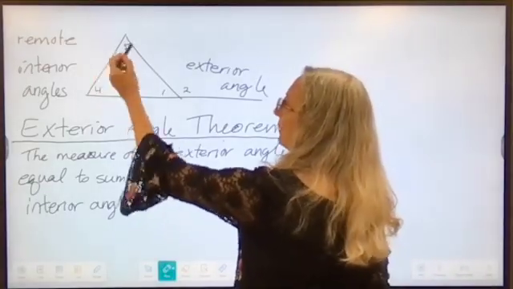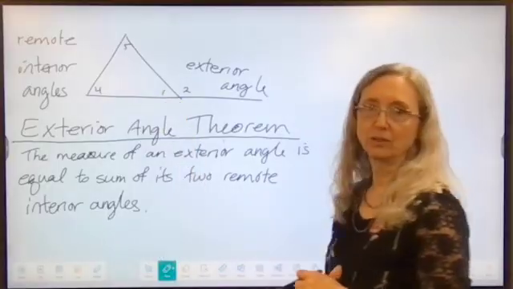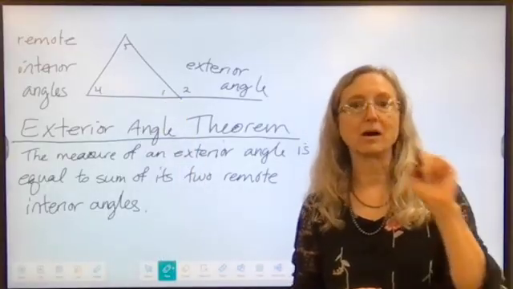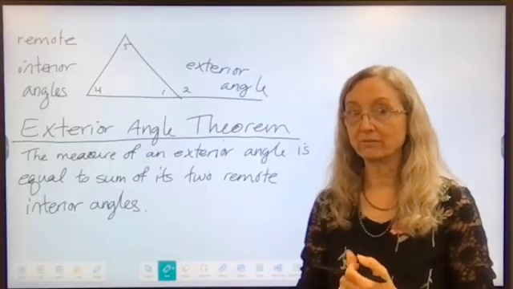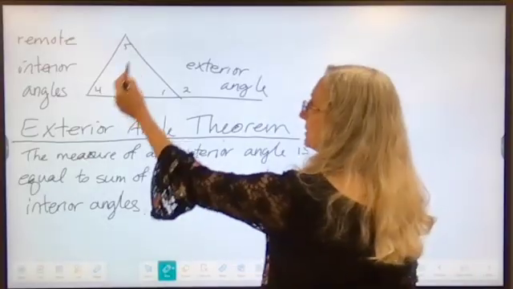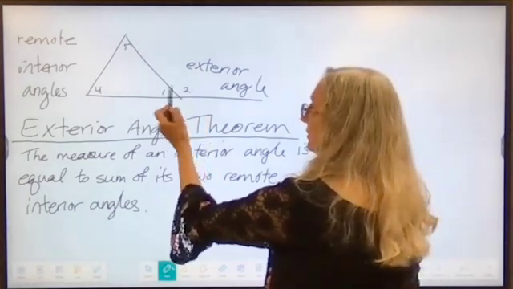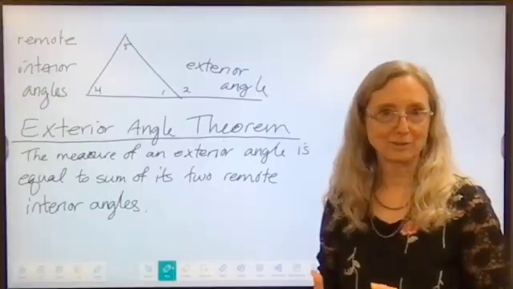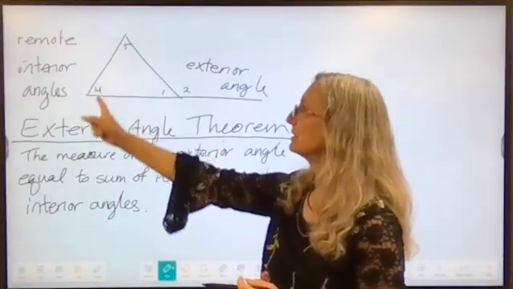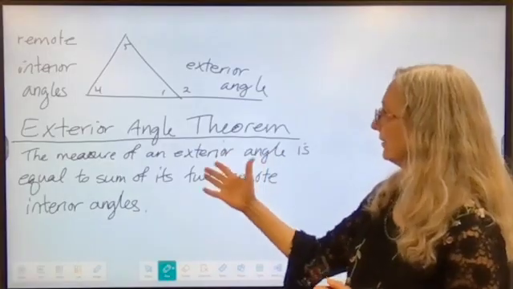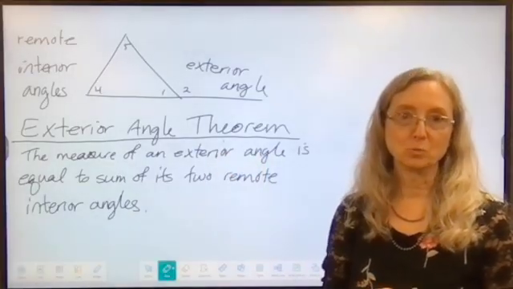If I add 4 and 5 together to angle 1, I get 180 degrees because it's the sum of the interior angles of the triangle. So if these 2 plus 1 is 180, and this exterior angle plus 1 is 180, this angle has to be the same as those two added together. That's why the exterior angle theorem works.